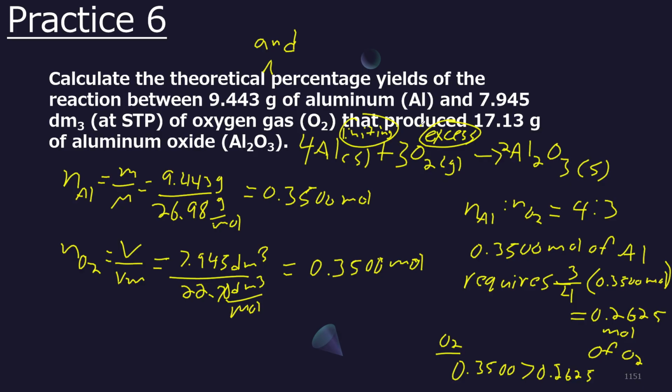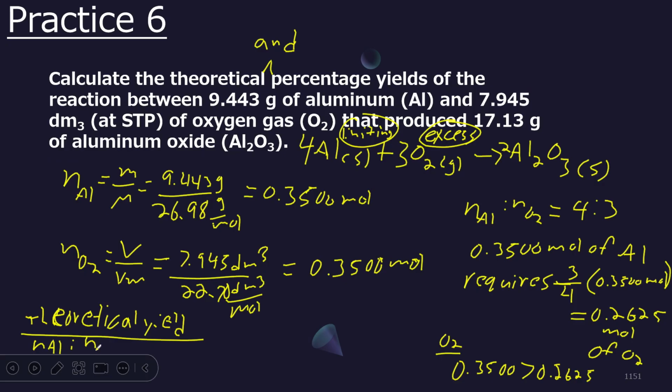So for the theoretical yield, use the limiting reagent amount. And what's the ratio between aluminum and aluminum oxide? It's 4-to-2, which is the same as 2-to-1. Just reduce it down to the simplest form of that ratio.